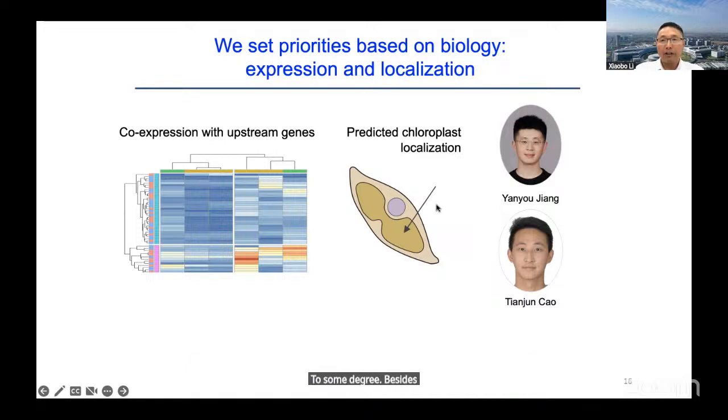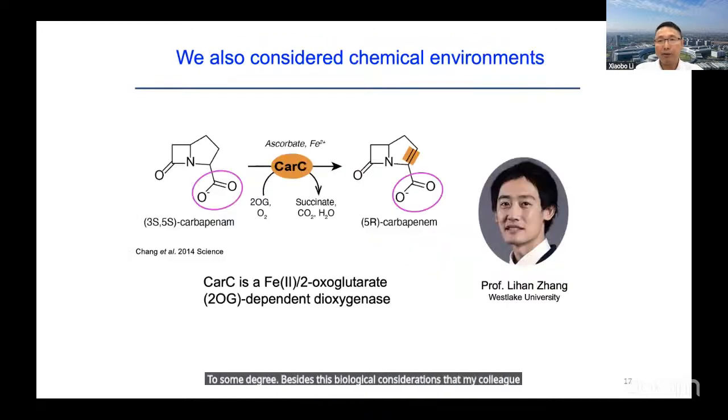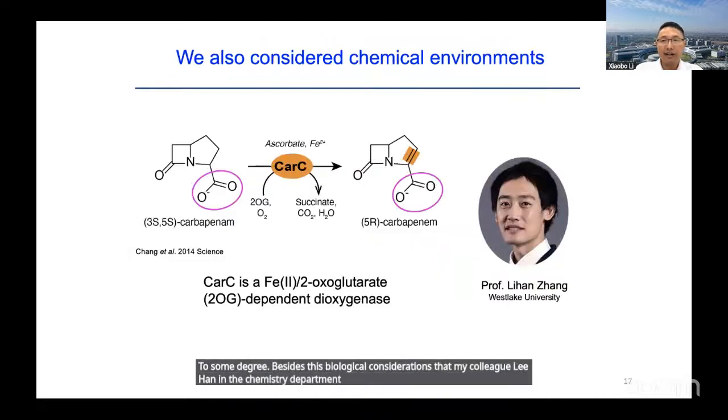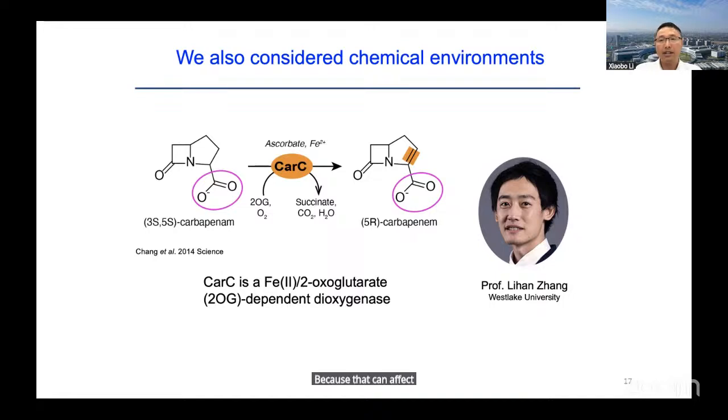Besides these biological considerations, my colleague Li Han in the chemistry department also suggested us to look at the local chemical environment of this reaction, because that can affect how active the atoms are.